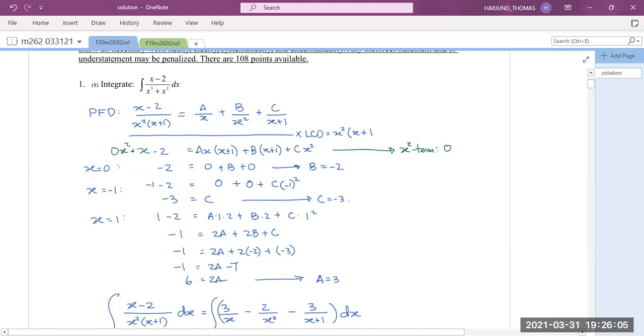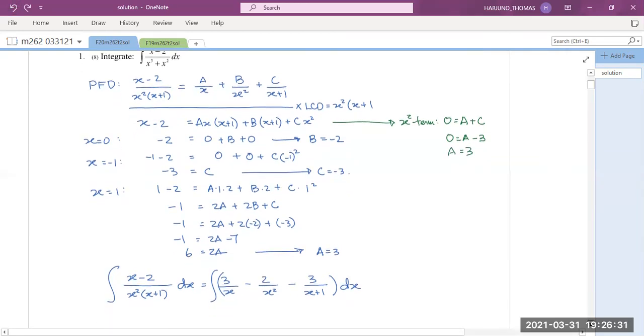So the left-hand side is 0. The right-hand side has ax squared plus cx squared. Now we know c is negative 3, so from there we can see a equals 3. That's just another way to do it: term-by-term comparison.